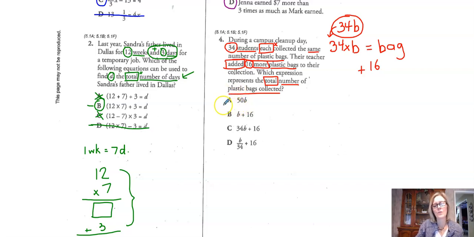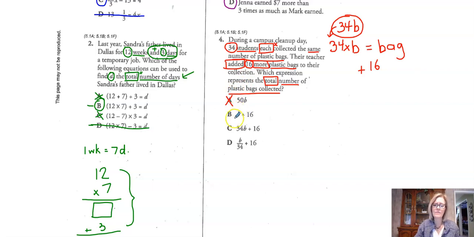Now, this one right here says 50 times B. We don't even have the number 50 in the problem. Now, if you add 34 plus 16, that equals 50, but that's not what this problem told us to do. It told us to add 16. This is definitely not it.